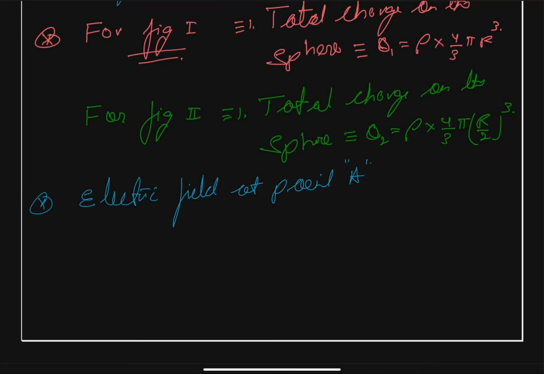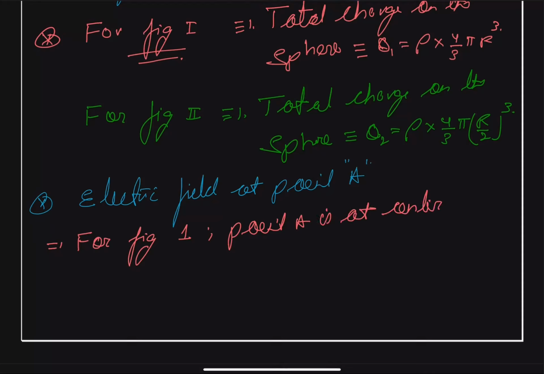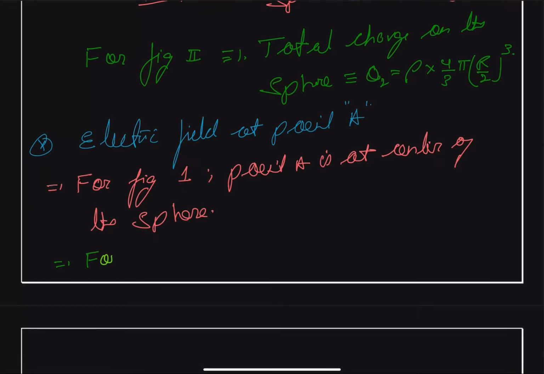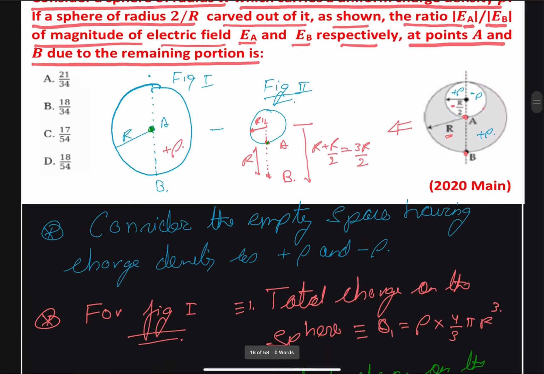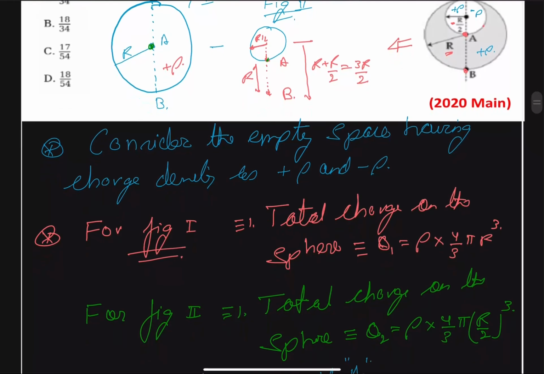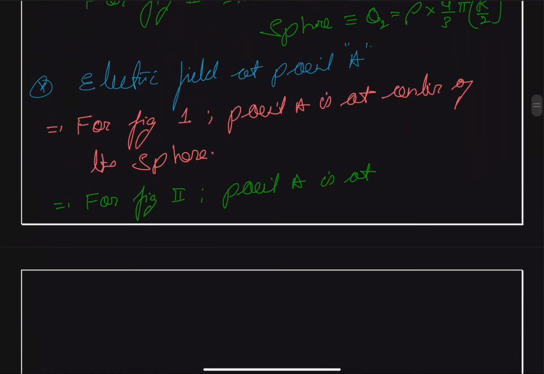For figure 1, point A is at the center of the sphere, and for figure 2, point A is at the distance r by 2.